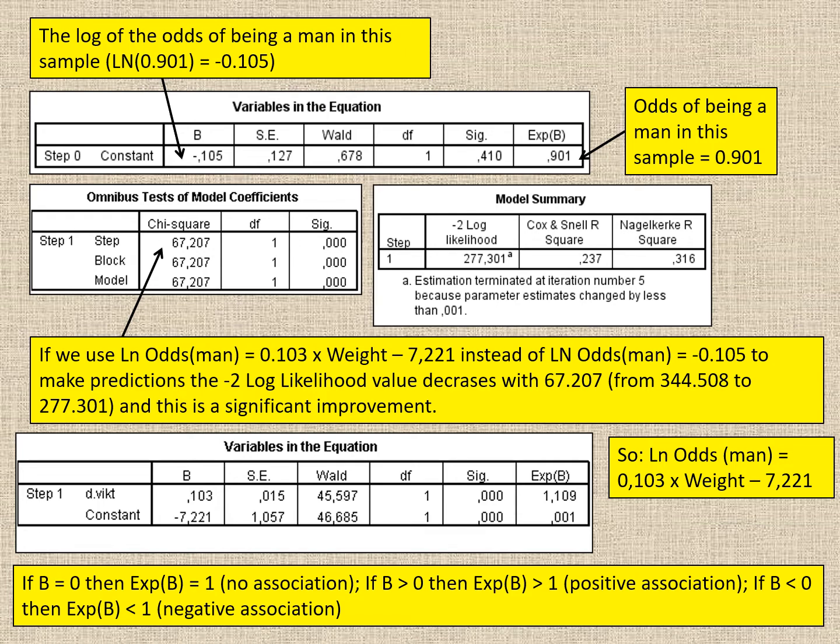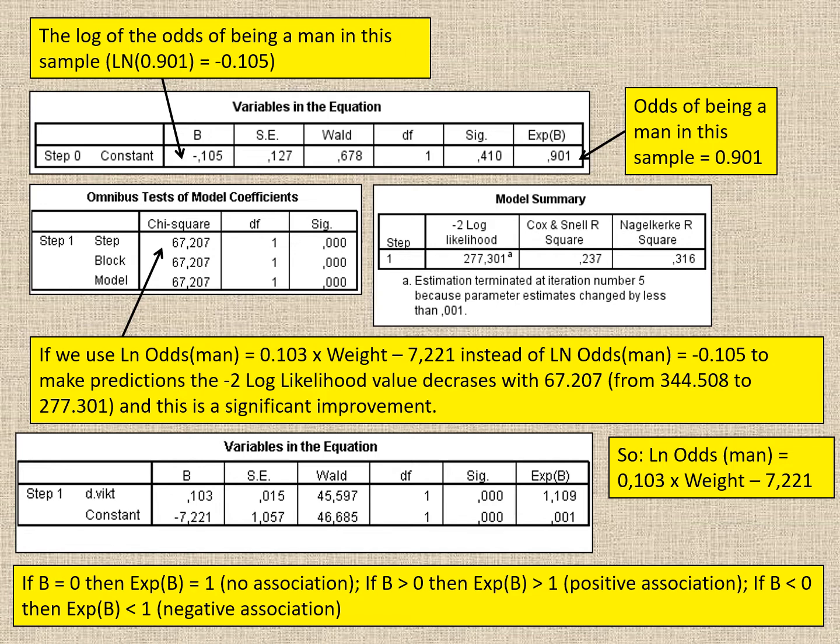At least one of them has a regression coefficient that is different from 0 in the population. Of course, in this case, we have only added one predictor, so it's not difficult to guess which one is significant. But we might have added several predictors. Then this says that at least one of them has an association with the odds for the outcome in the population. And then we look at this table in order to see which one it is.